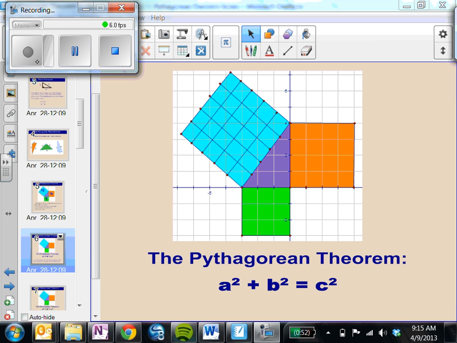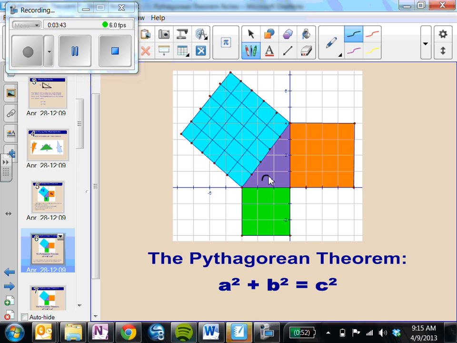That brings us to the Pythagorean theorem, which I mentioned earlier. It tells you the sum of the squares of the legs equals the square of the hypotenuse. We write this as a squared plus b squared equals c squared, where a and b are the legs and c is the hypotenuse. It doesn't matter which leg is a and which is b, but the hypotenuse is always c.